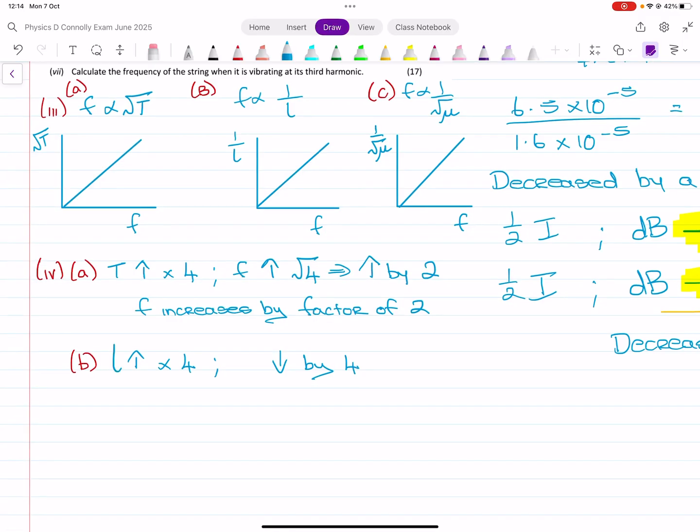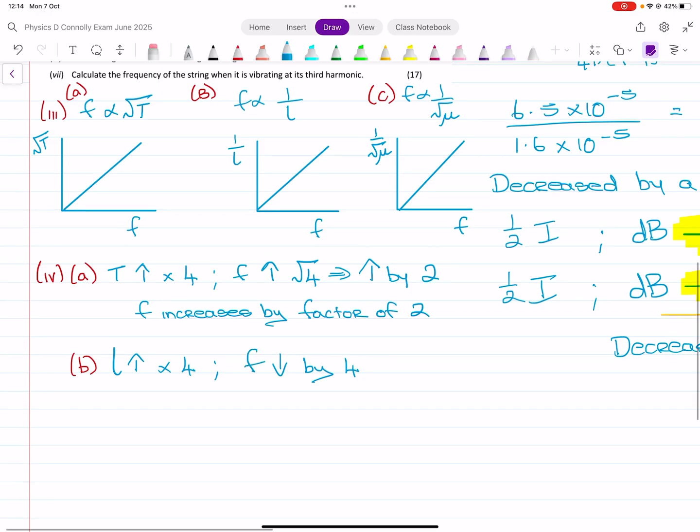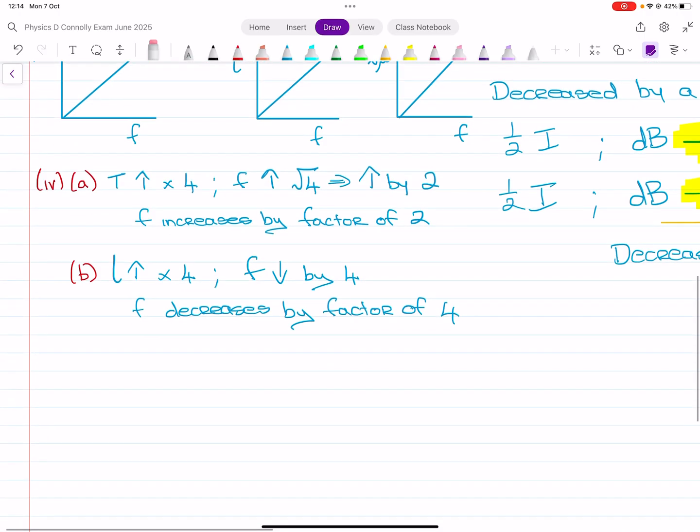If the length increases by a factor of 4, length and frequency are inversely proportional, so frequency decreases by a factor of 4. So if length multiplies by 4, frequency divides by 4. So that's what this means: frequency multiplies by 2, and this means that frequency divides by 4.